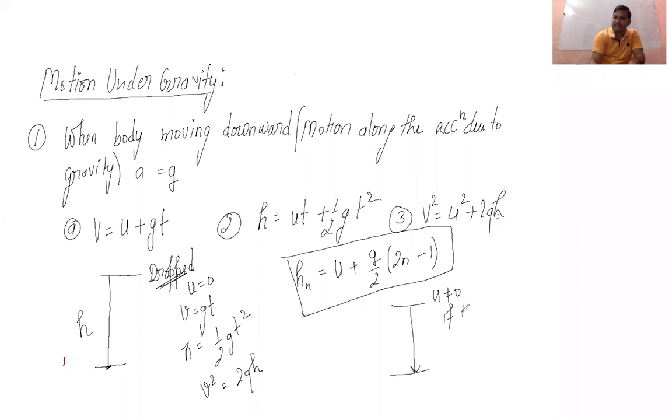If the object is dropped, then u is 0. I discussed that case. If the object is thrown downward, then u cannot be 0. There will be a certain initial velocity.